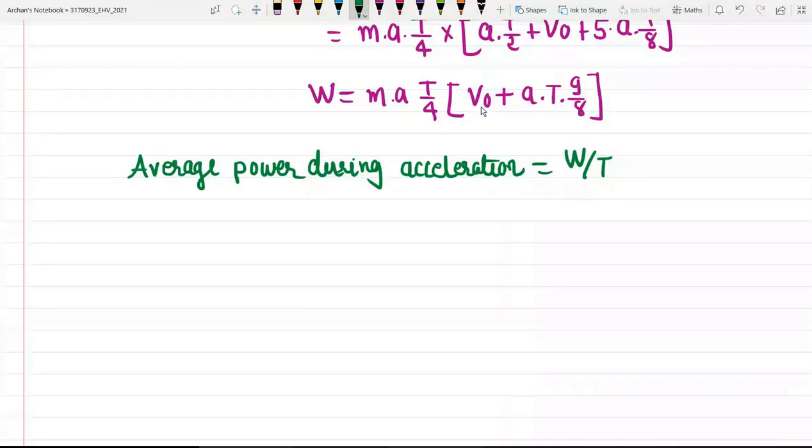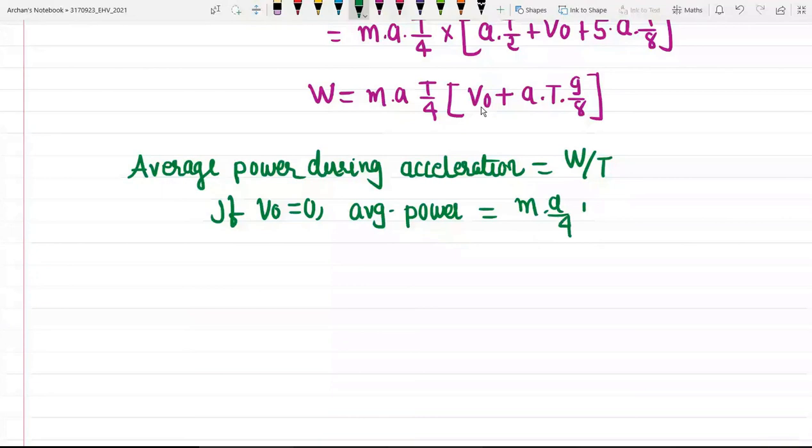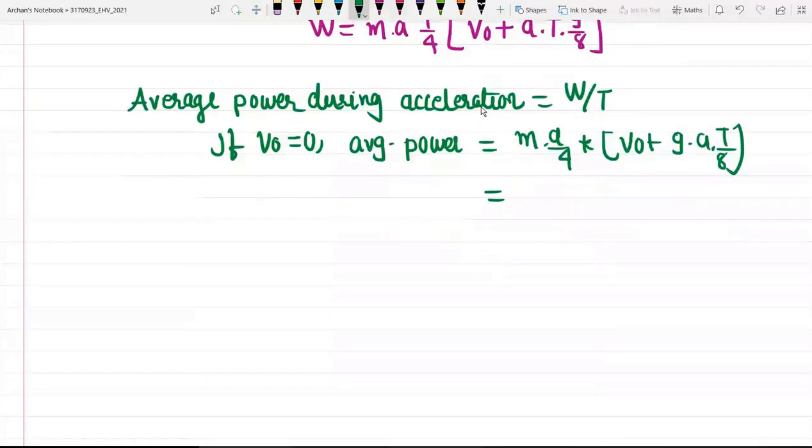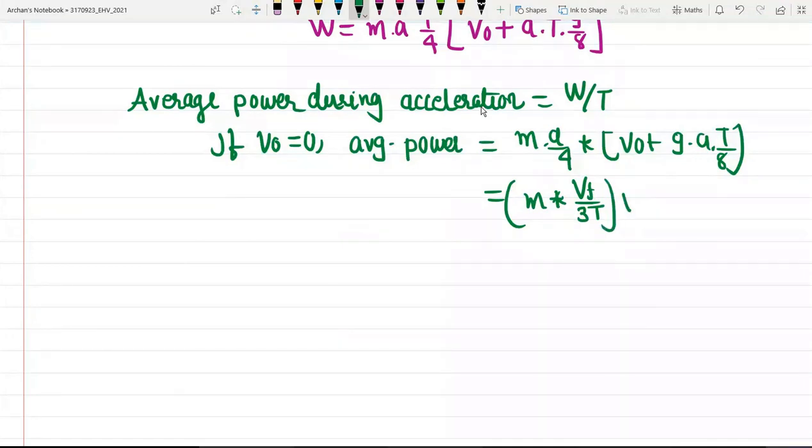So if v0 equal to 0, then average power is given by M into A by 4 into (v0 plus 9 into A T by 8), and that is equal to M into Vf by 3T into 9 Vf by 6.